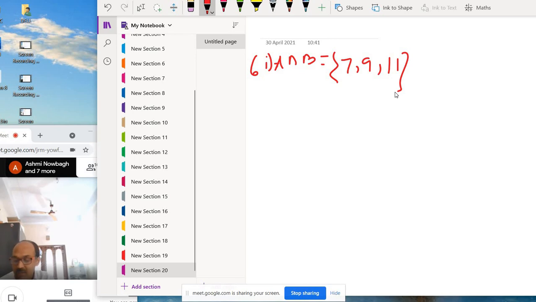So what is common? Yes, 11 and 13 are common.